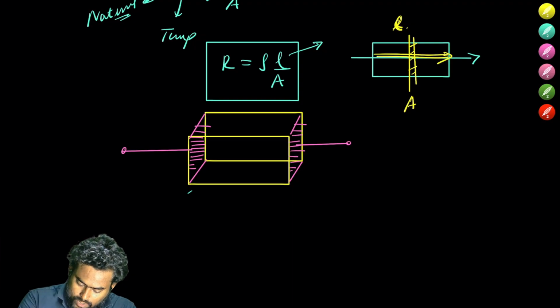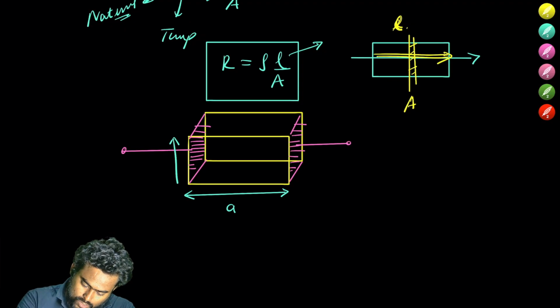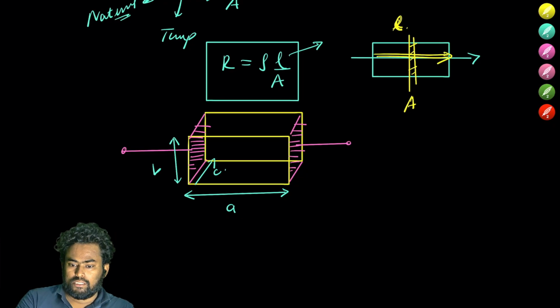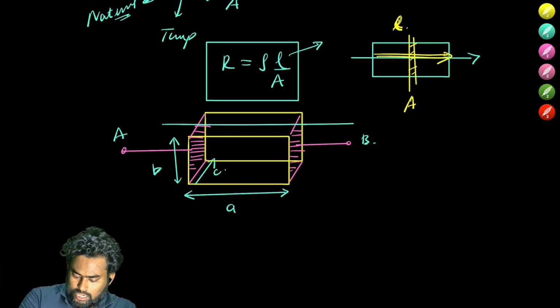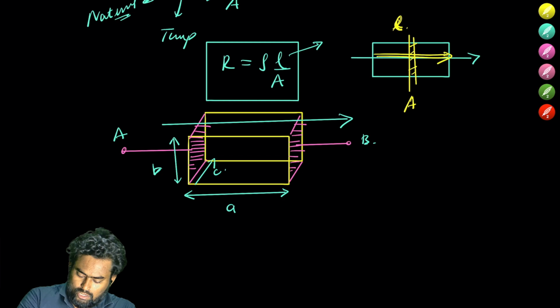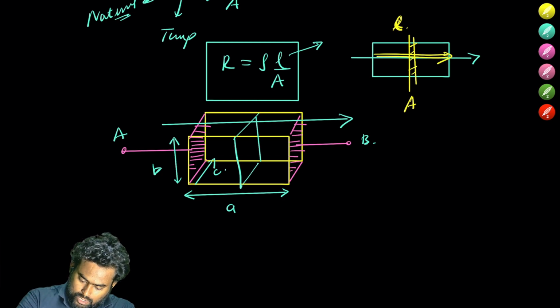You can take this one as A, this as B, and the inside width as C. When we are talking about across points A and B, in this direction current will go, so perpendicular to that will be our cross section area.